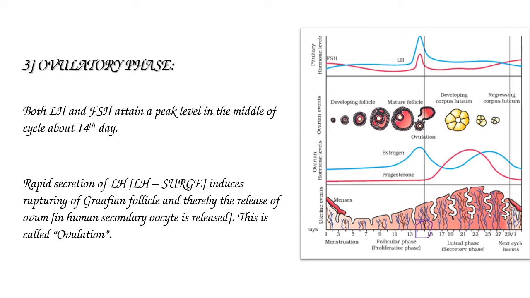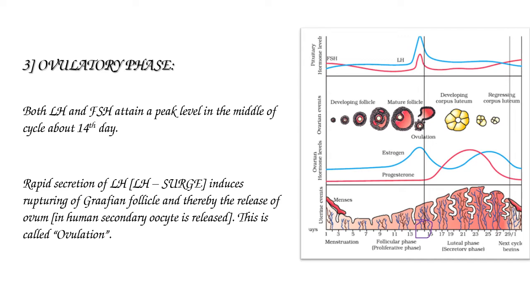The secondary oocyte is converted into an ovum after immediate contact with the sperm. When sperm contacts the secondary oocyte, it initiates the completion of the second meiosis. Then it becomes an ovum and produces another polar body, which we discussed during oogenesis.